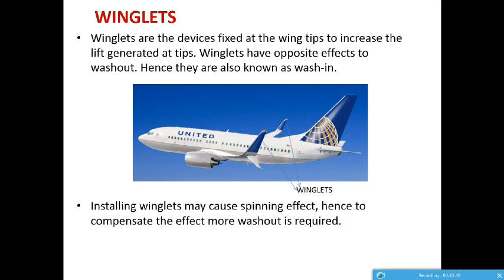Usually for a stable aircraft we need to have the lift almost concentrated near the root and no lift at the tips. But using a winglet, this cannot be achieved, and the lift component will be more at the wing tips. So it is usually meant for high speed aircraft such as passenger or jet aircraft.